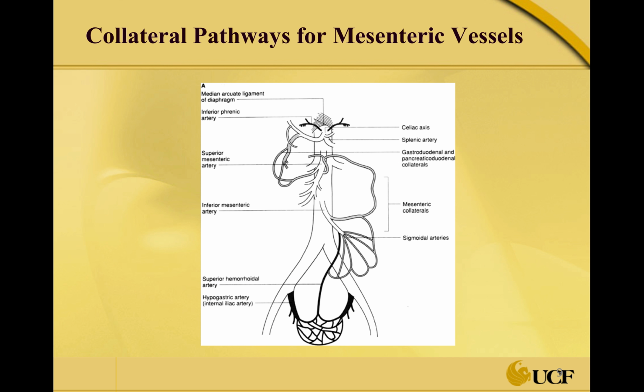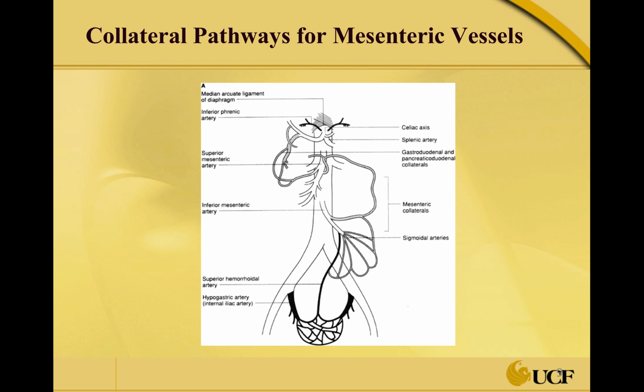As you can see here, there are some collateral pathways for mesenteric vessels, and the importance of this collateral network is that the normal visceral circulation is fairly redundant. The celiac axis and superior mesenteric arteries communicate through the superior and inferior pancreaticoduodenal arteries.